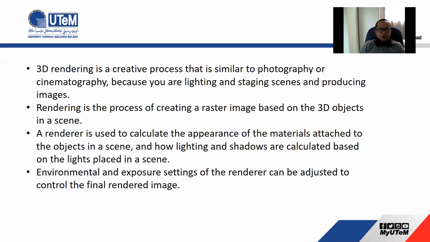A renderer is used to calculate the appearance of the materials attached to the objects in the scene and how lighting and shadow are calculated based on lighting placed in the scene. And fourth, environmental and exposure settings of the render can be adjusted to control the final rendered image.